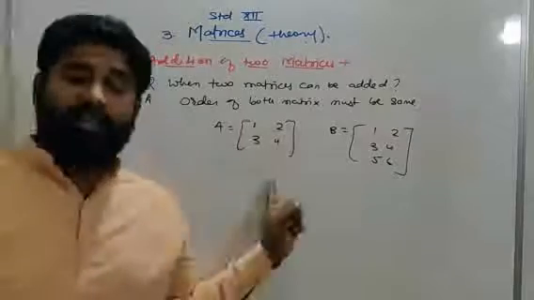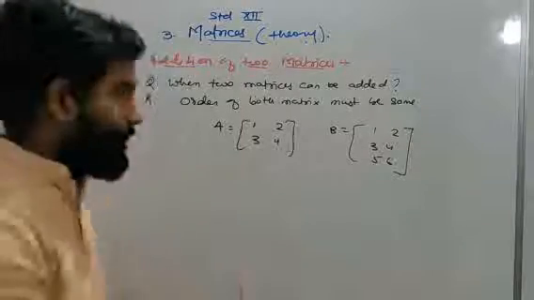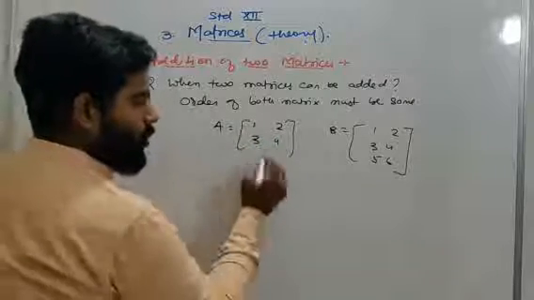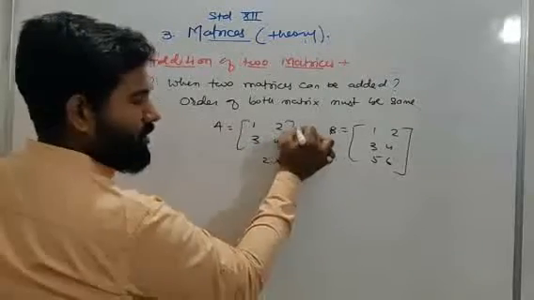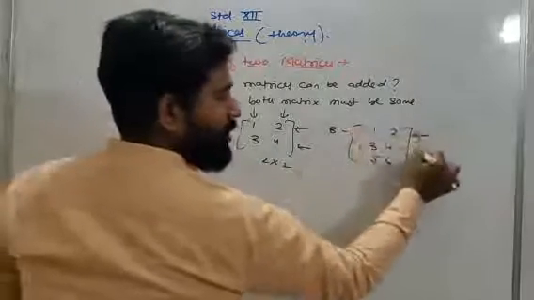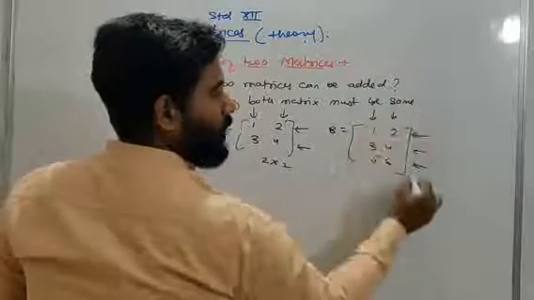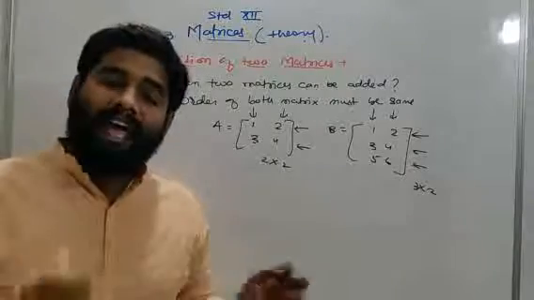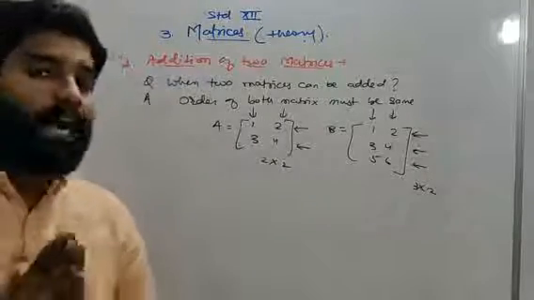These two matrices cannot be added. Why? Because the order of the first matrix is 2 cross 2, 2 rows and 2 columns, and here the matrix has 3 rows and 2 columns, that is 3 cross 2. So the order is not the same. The order has to be equal in order to add two matrices.